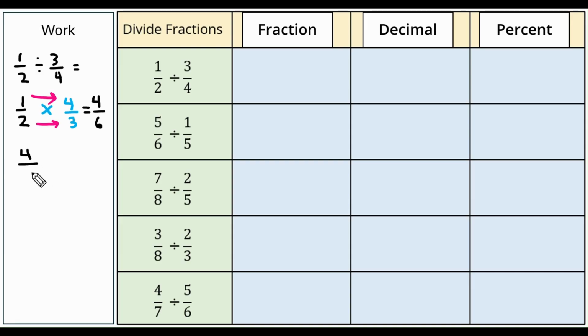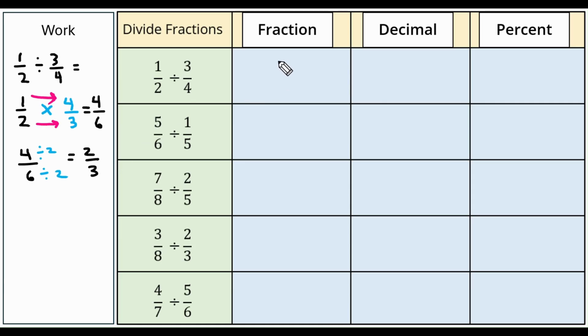And for simplification, just divide the top number, the numerator, and the bottom number, the denominator of a fraction, by the same number. I know that I could divide 4 by 2, and I know I could divide 6 by 2, so I'm going to do that. So we divide by 2 on top, divide by 2 on bottom, and that gives us 2/3.